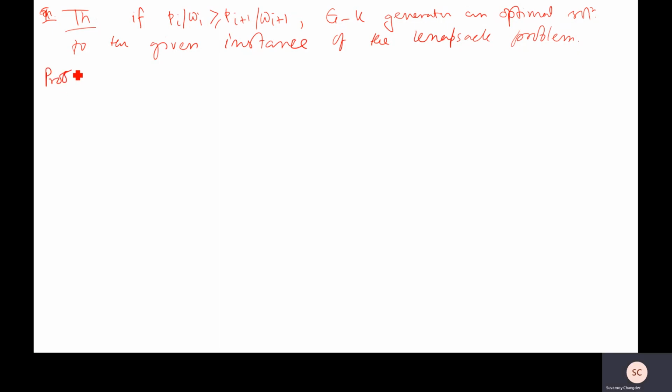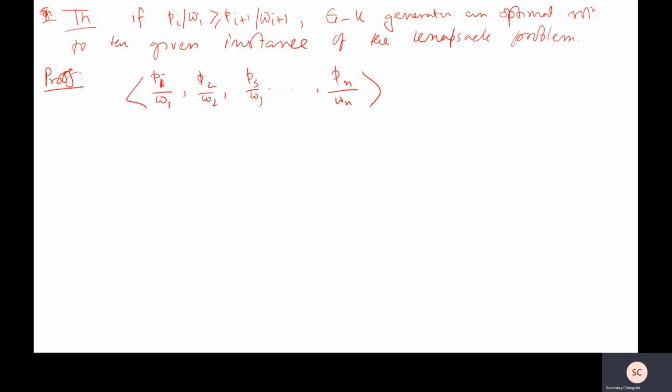The proof. Think about it, we have an array where we have stored the elements as P1 W1, P2 W2, P3 W3, and so on, Pn by Wn. And the condition is that P1 by W1 is greater than P2 by W2, that is greater than P3 by W3, and so on.